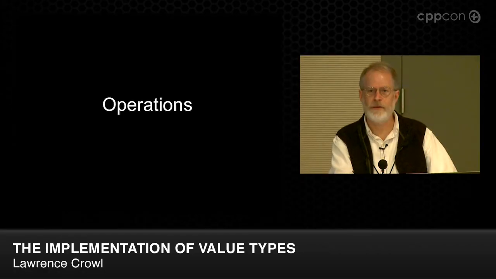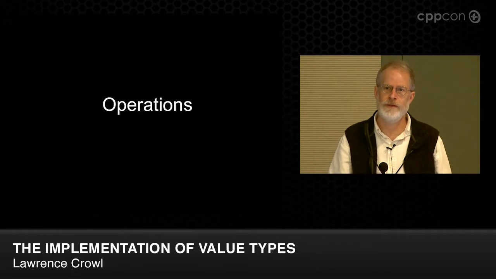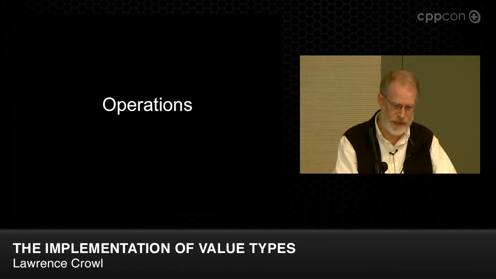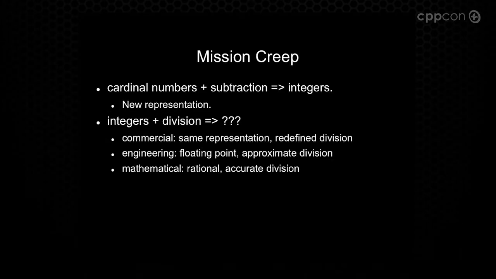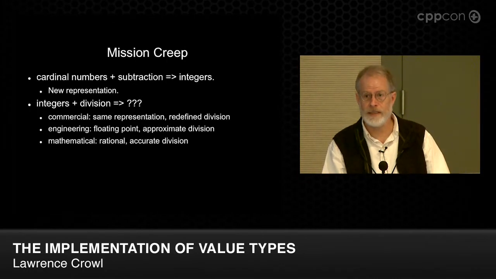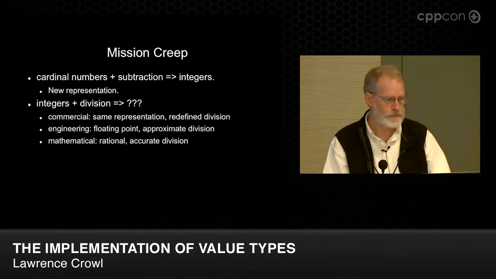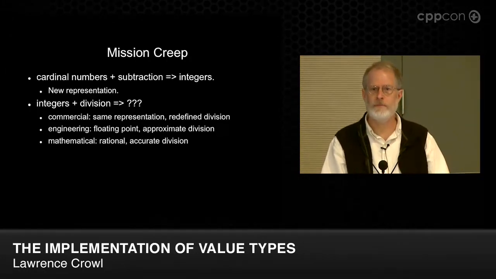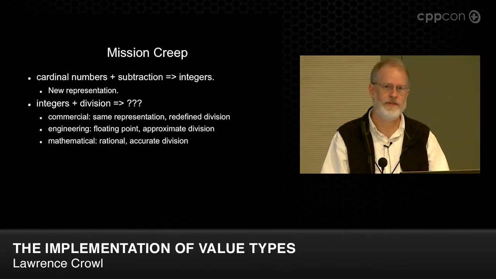The first step in this is understanding what operations you want on the type. What makes sense, what does not. However, in a value type, there is mission creep. Every operation you add could potentially require a change in the operation or much higher cost in the operations. With subtraction, we suddenly had to figure out how to represent signed numbers.